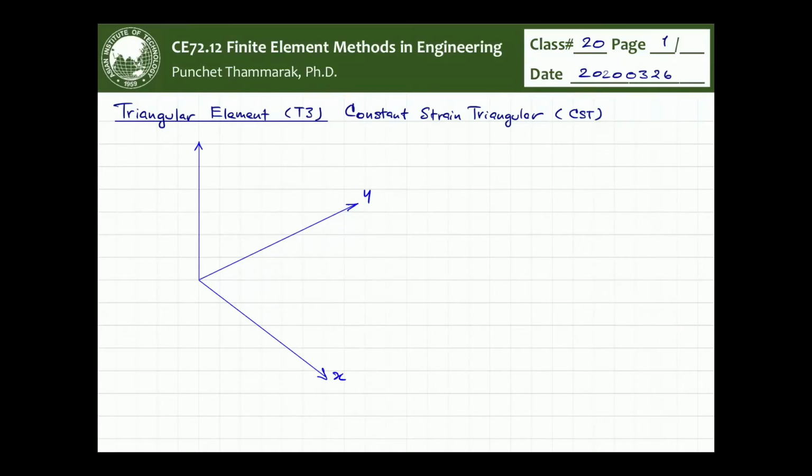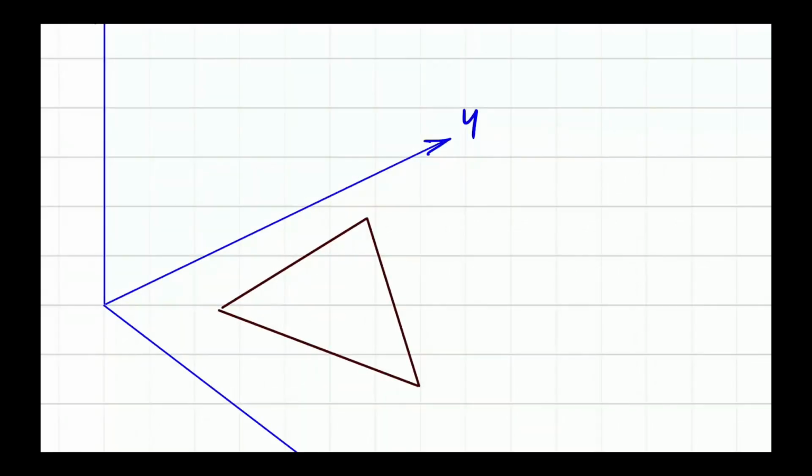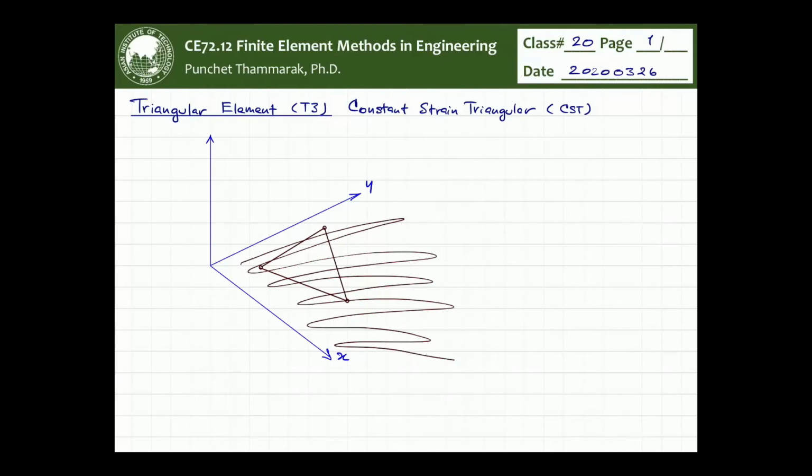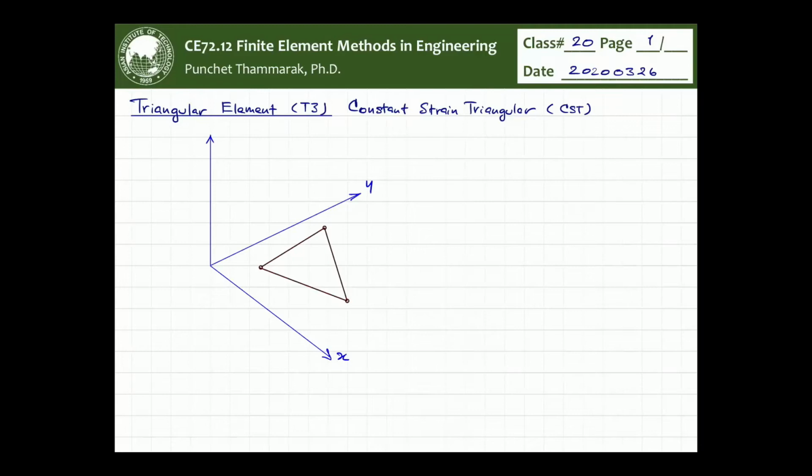So I'm just going to draw the element, which is the triangular element over here. We have 3 nodes. Okay. So this triangular element just stays on this plane, the x and y plane. It does not pop up in the vertical direction because it is not a 3D problem.